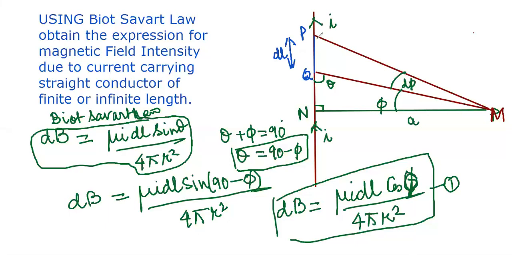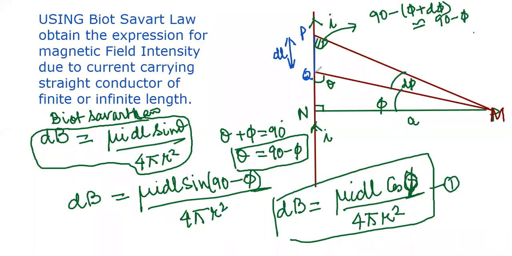Now children, one thing you should understand: what should this angle be? Can I write this angle as 90 degrees, because this is 90 degrees over here. So this is phi plus d phi. Again, according to the angle sum property, this will be 90 minus phi plus d phi, which we can take as nearly equal to 90 minus phi.